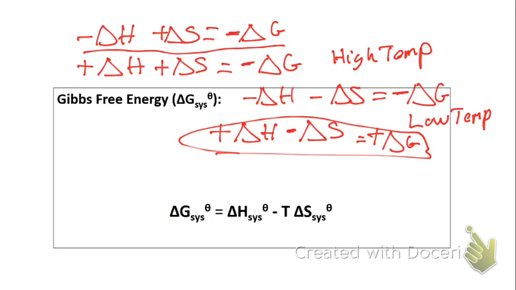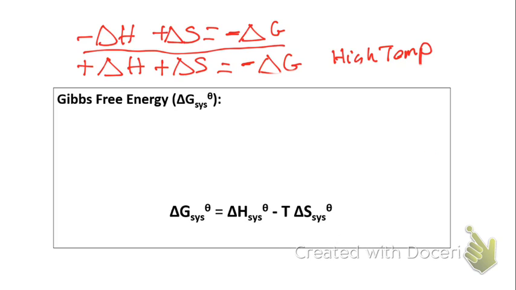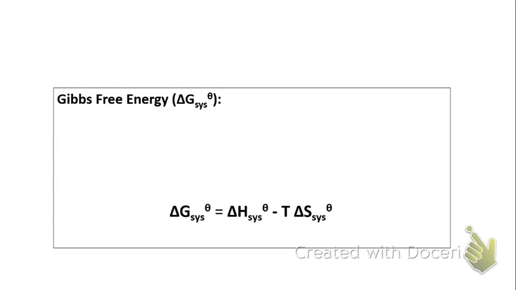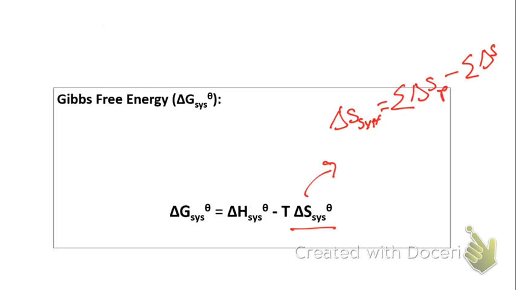Now, many times you're going to have problems where you're going to actually have to calculate delta S of the system, where you're going to do so by taking the delta S of the system is equal to the sum of the delta S of the products minus the sum of the delta S values of the reactants. That's common.